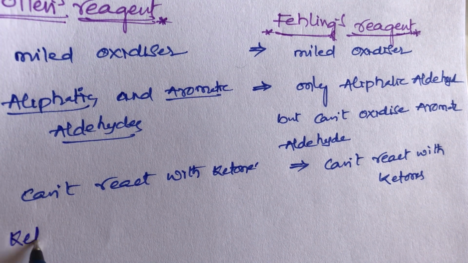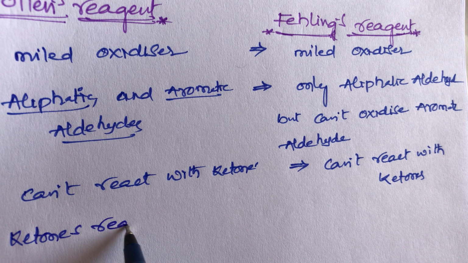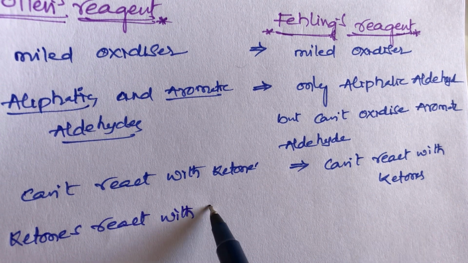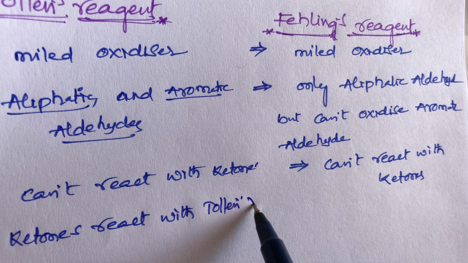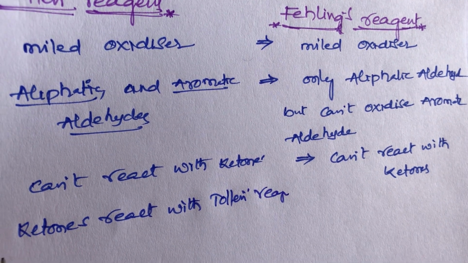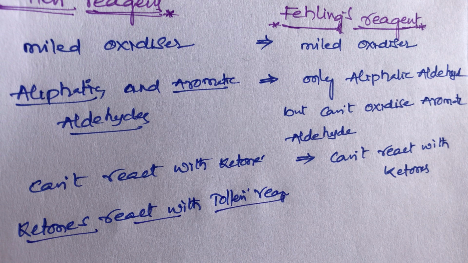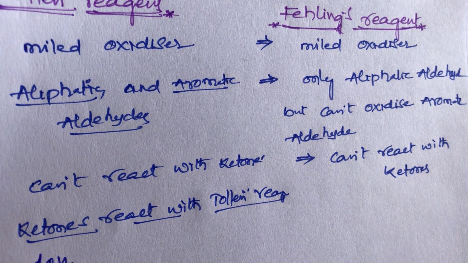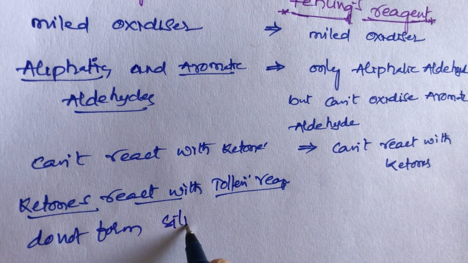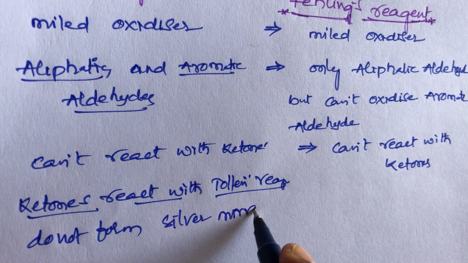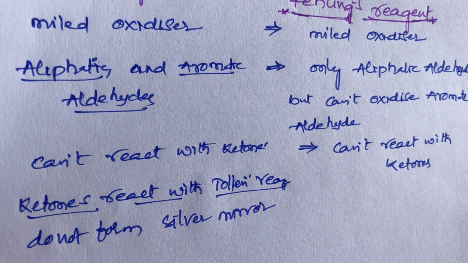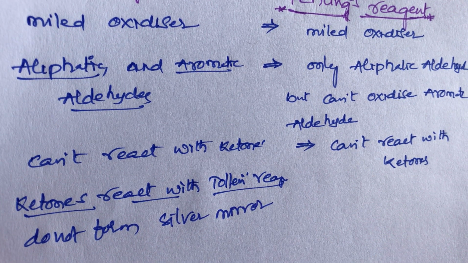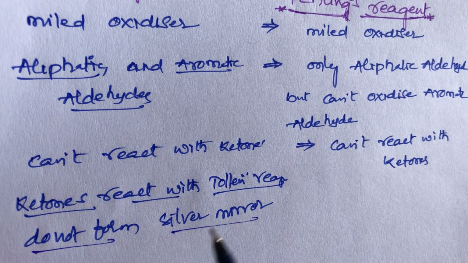When ketones react with Tollens reagent, no silver mirror is formed.